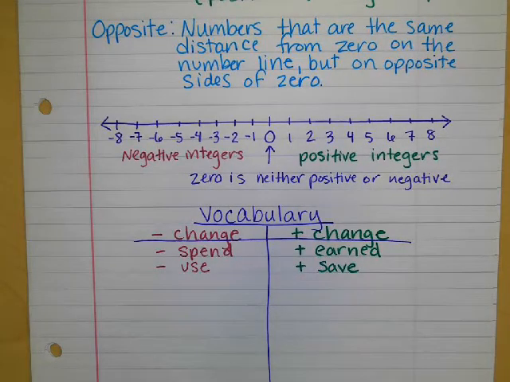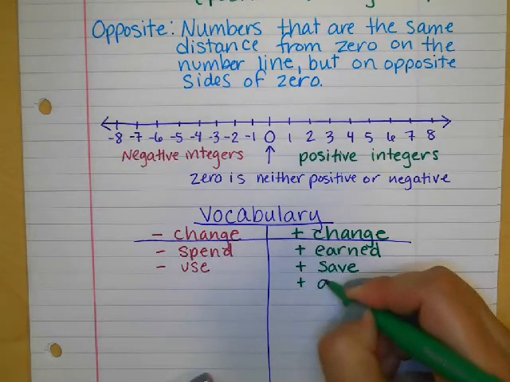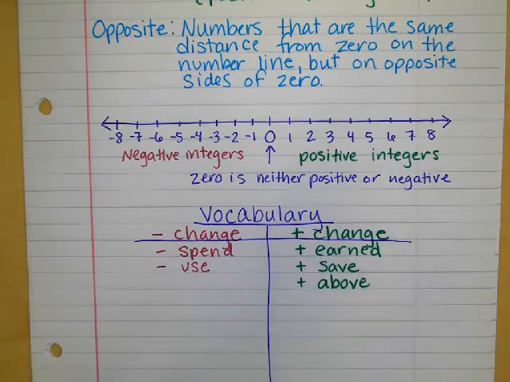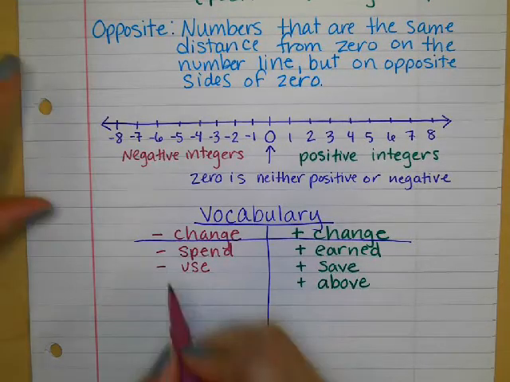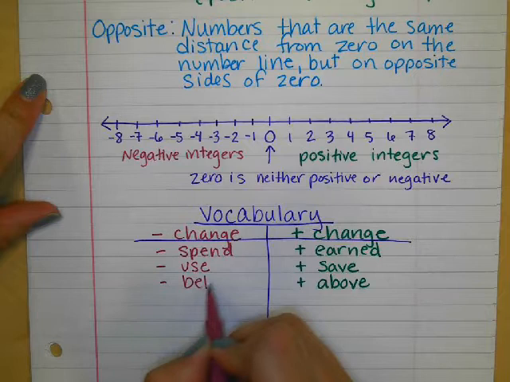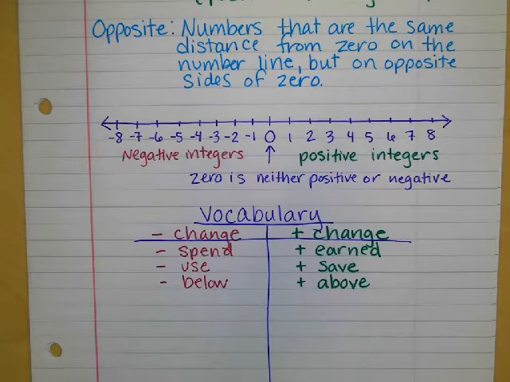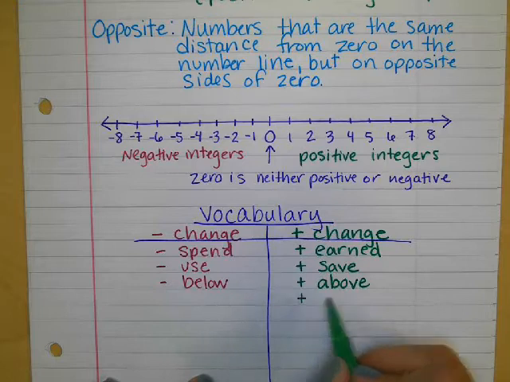Another positive would be above. A lot of times when you see above, like above sea level, when you talk about distance, that would be like mountains. Below sea level would be like in the sea, where the whales and fish live. For a positive, we have a gain.